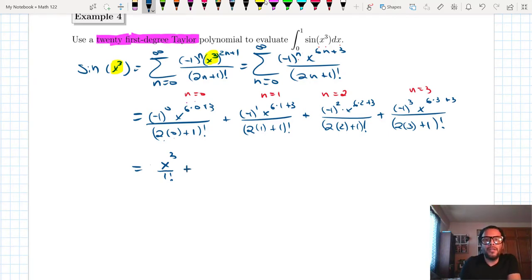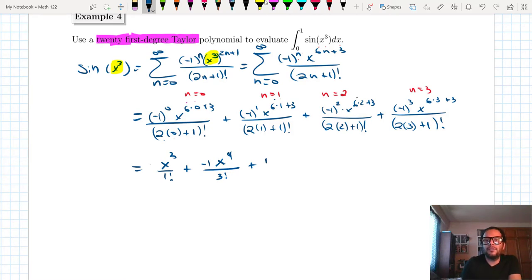Plus negative 1 to the first is going to be a negative 1. X to the 6 times 1, which is 6 plus 3, that's 9. Over 2 times 1, which is 2 plus 1, 3 factorial. Plus negative 1 squared, that's a positive 1.